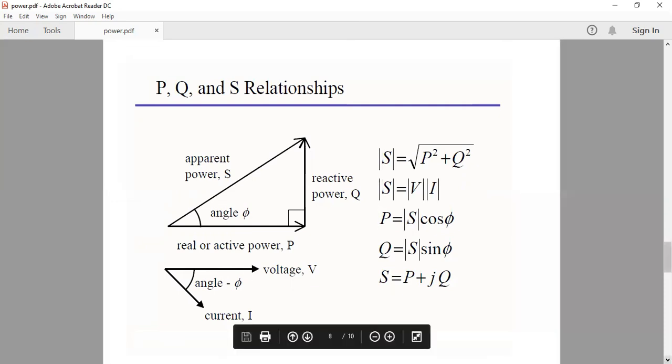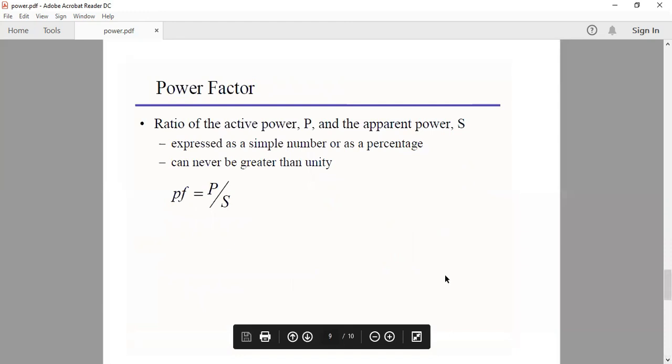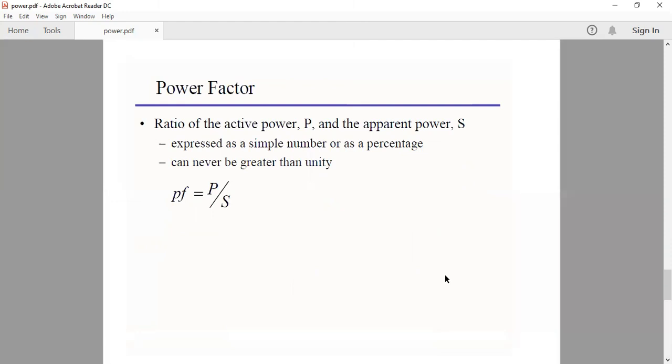Let's move to the next topic, which is the power factor. It is the ratio of the active power P and the apparent power S. It is expressed as a simple number or a percentage. It can never be greater than unity.